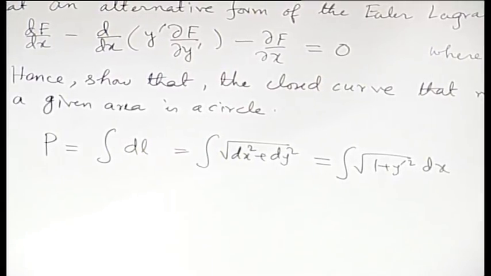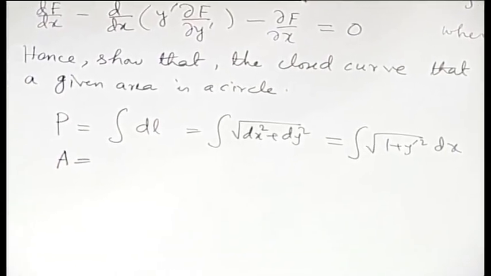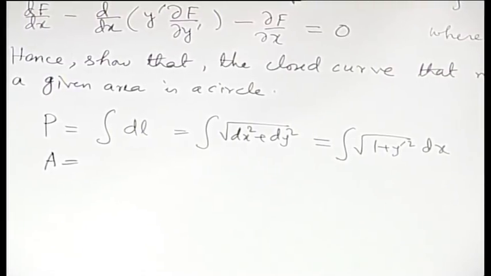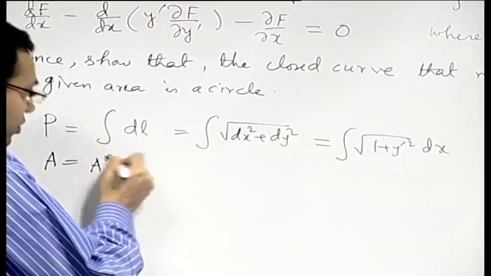What is the constraint? The constraint is that the area is given, A is A star which is a given area.